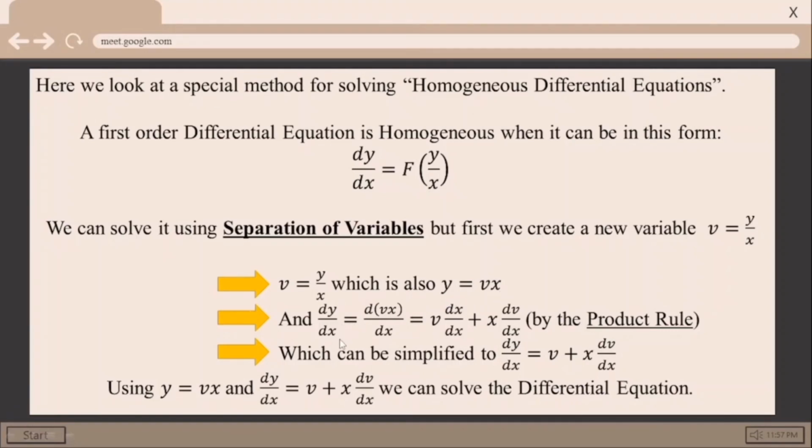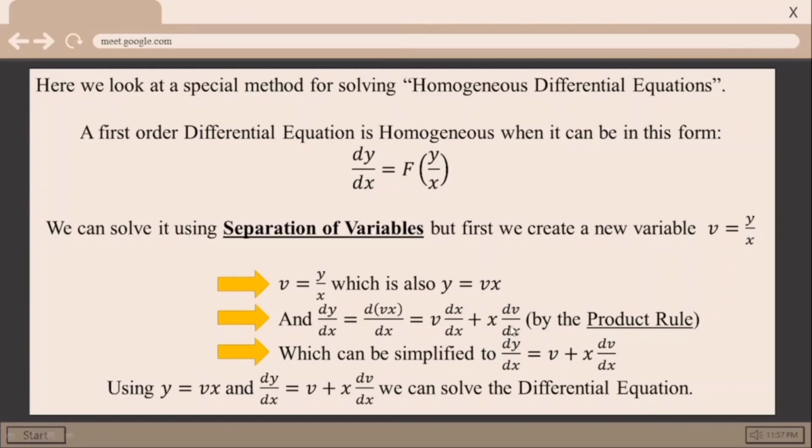For dy over dx, we are going to use the product rule, so dy over dx equals d of the quantity vx over dx, which is equivalent to v dx over dx plus x dv over dx.